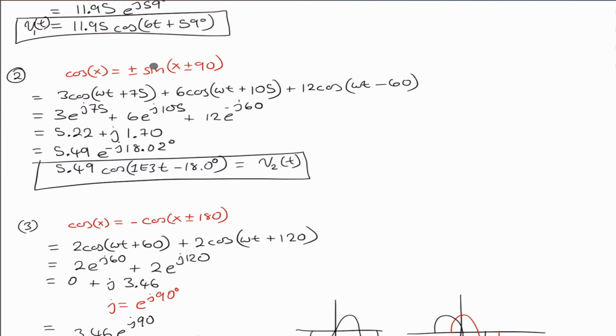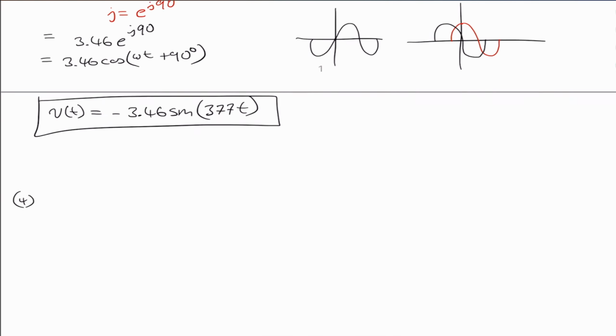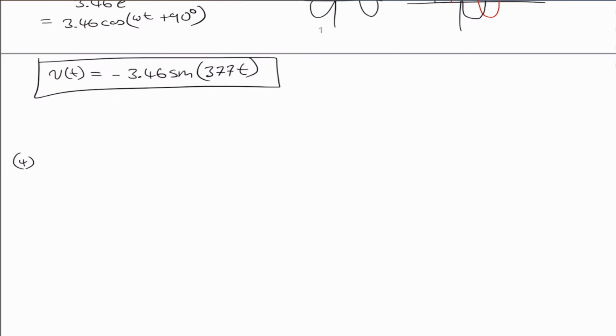I'm going to use this identity to convert. The first thing we do is convert our sine to a cosine. So let's write our identity down: cosine of x is equal to plus or minus sine of x plus or minus 90 degrees.